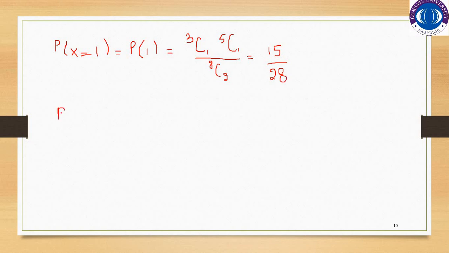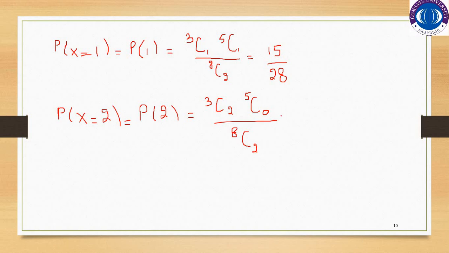Now X is equal to 2. It means the school purchased 2 computers and both of them are defective, which is equal to P of 2. So if both are defective, these are coming from the defective ones, 3C2, and what else? There should be 0 non-defective, 5C0, over 8C2. So this would be equal to 3C2, which is 3.